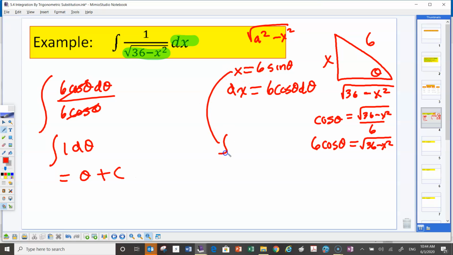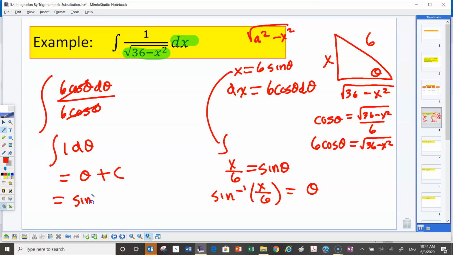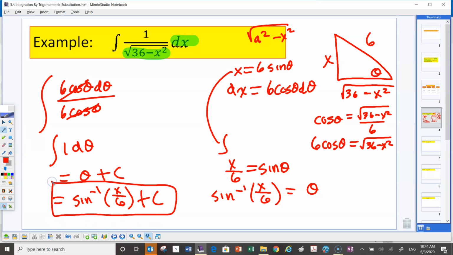I know that x over 6 is sine theta, and if I take the arc sine of each side, I get theta equals arc sine of x over 6. So in place of theta, I'm going to put in the arc sine of x over 6 plus a constant, and there would be my final integral.